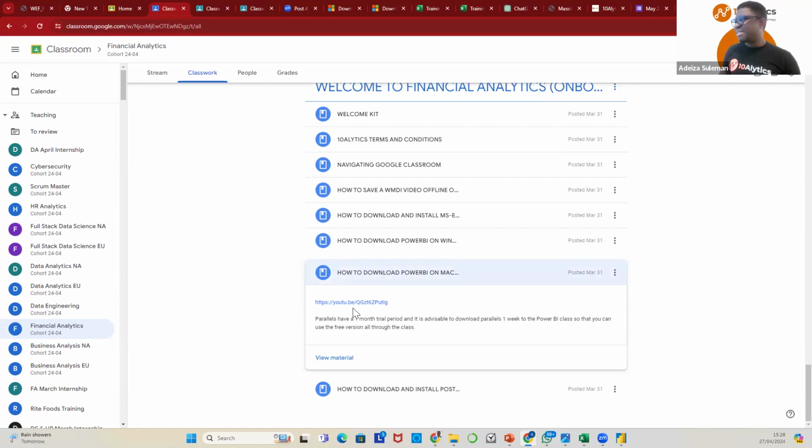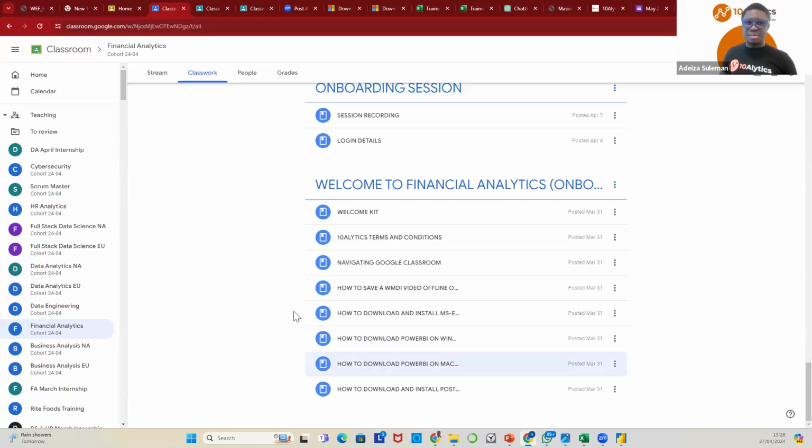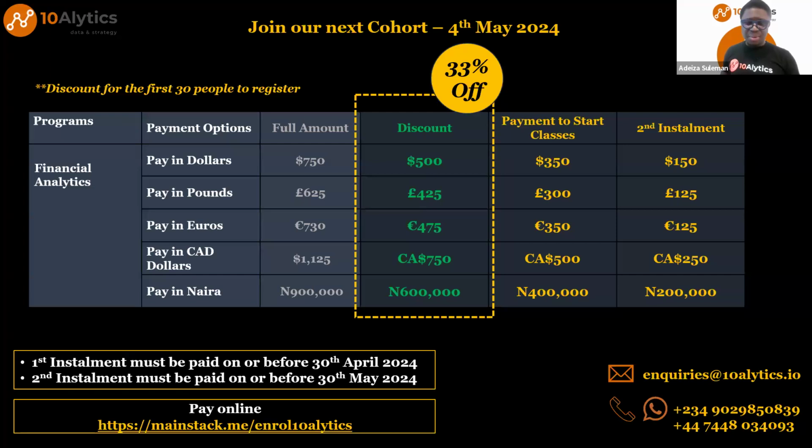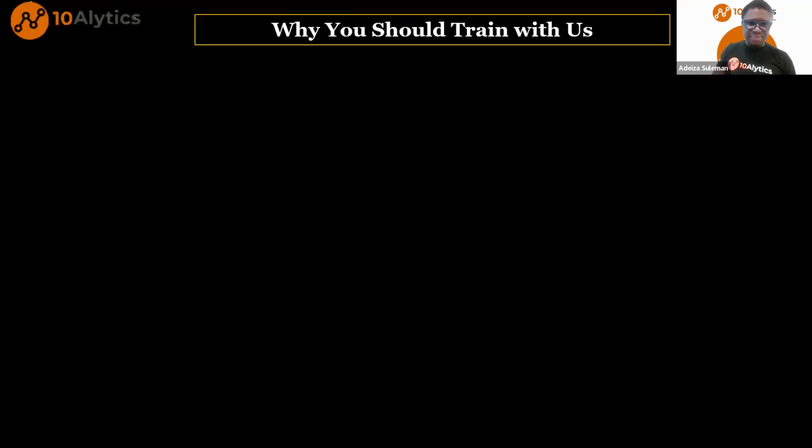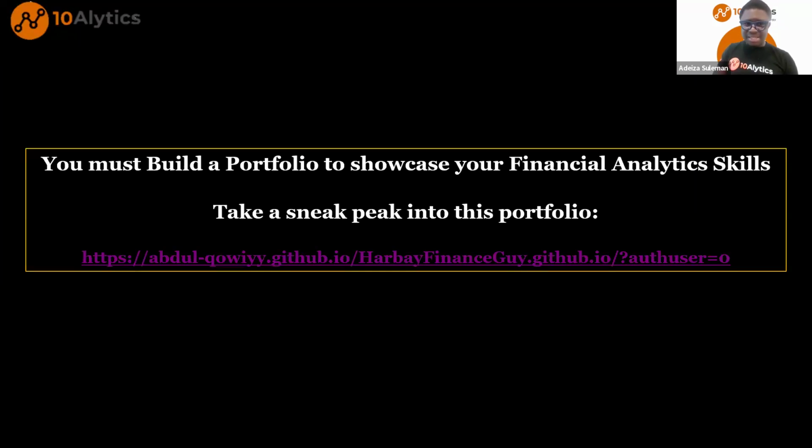It doesn't matter the operating system, if it's a Mac or a Windows PC, the welcome kit contains all of that for you. And it also has your learning plan and your learning timeline. Somebody asked the question the other time that I go back to the timing for the classes.